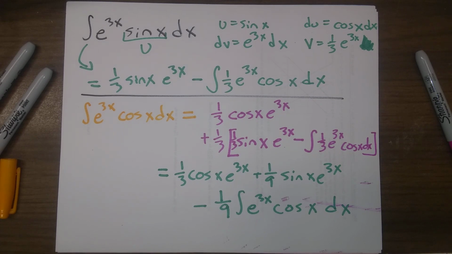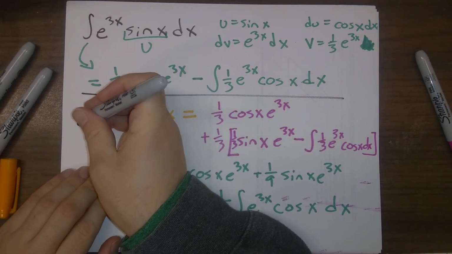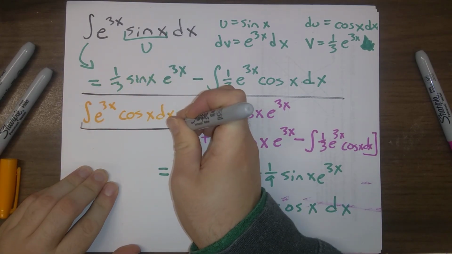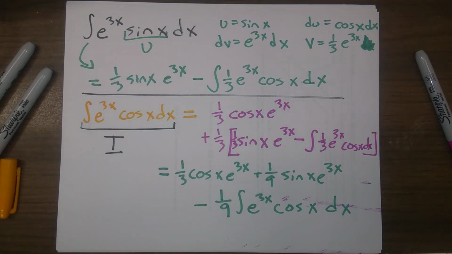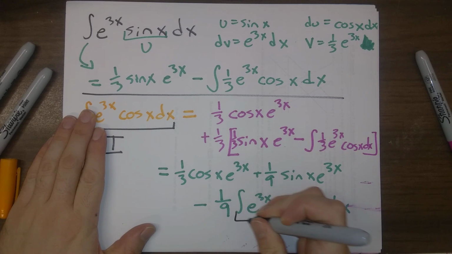However, there's one trick here for us to use, which is we can actually algebraically solve for the integral that we care about right now. So the way that I like to do this is I like to call this integral I. I is the thing that we're looking for.